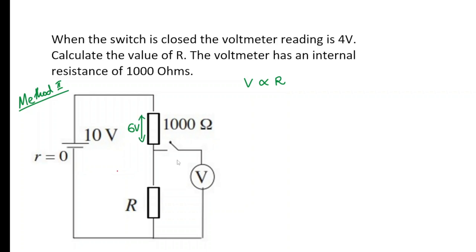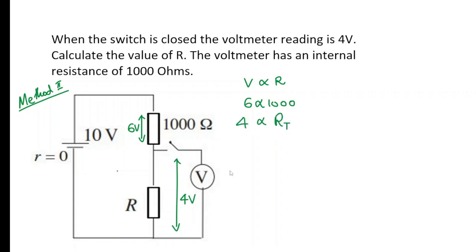The voltage across this one, the PD, is 4 volts. Now I know the proportionality, so 6 is proportional to 1000, and R total is proportional to 4.